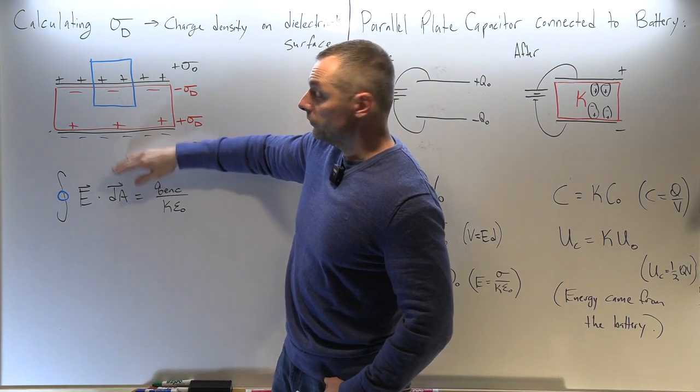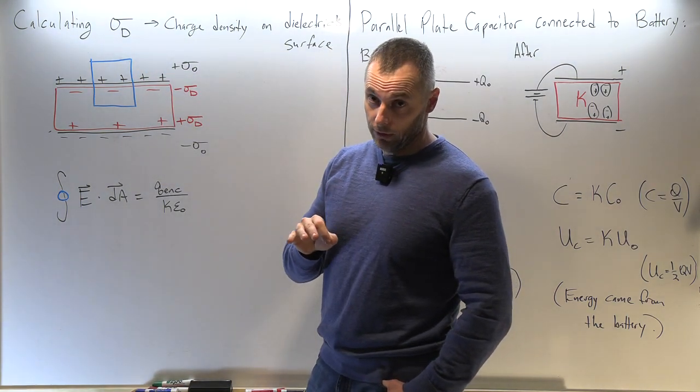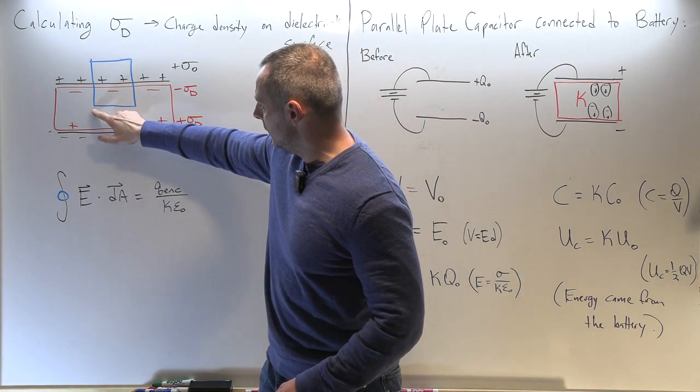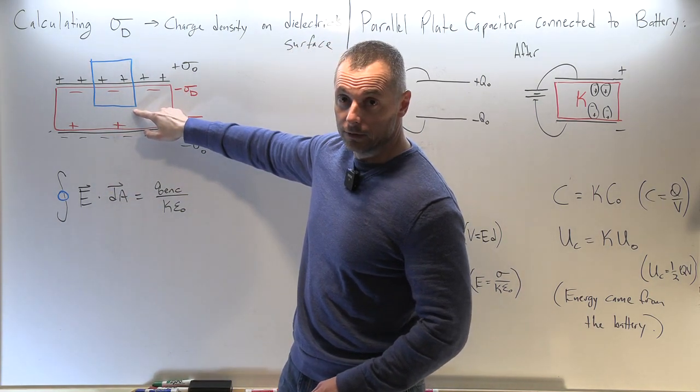Electric field outside of a capacitor, 0, as we learned. So this left side just becomes E times the area down here.